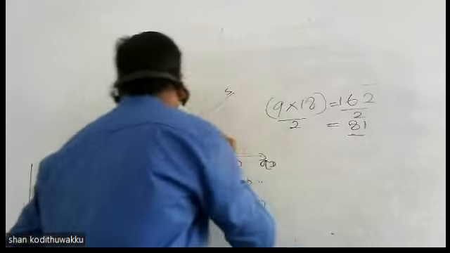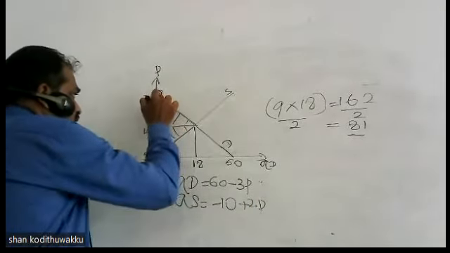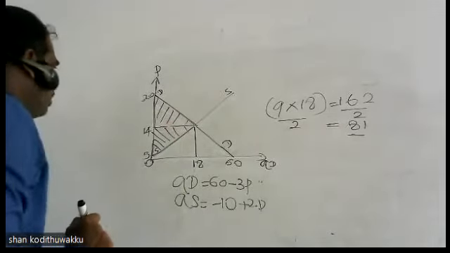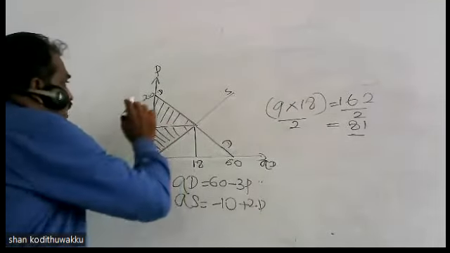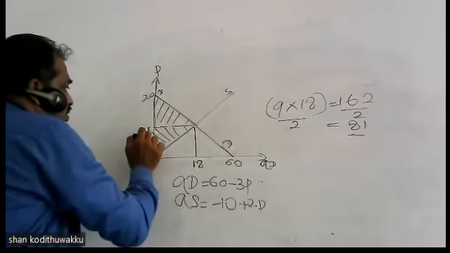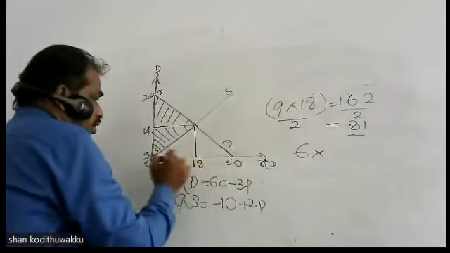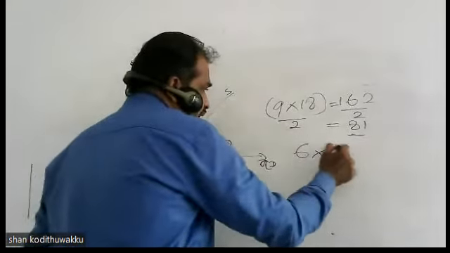Then consumer surplus, this part. 20 minus 14 will be 6. 6 into quantity demand 18.